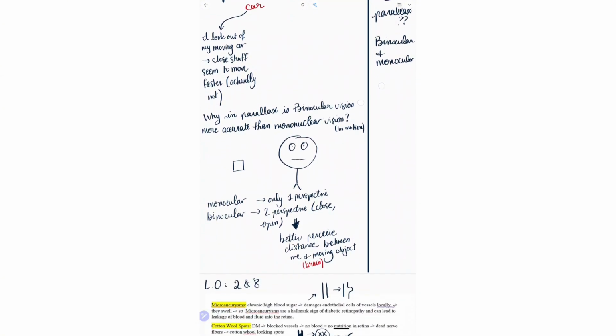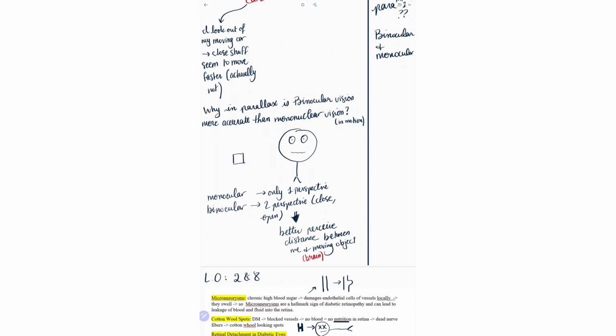Now, why in parallax is binocular vision more accurate than monocular vision? So let's say you are moving and an object is moving right in front of you, okay? If you close one eye, you're gonna see in a certain position. And then if you close the other eye, you're gonna see in another position. That is the two perspectives of the binocular.